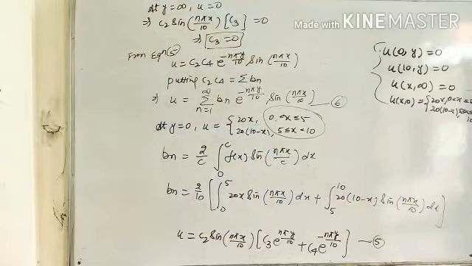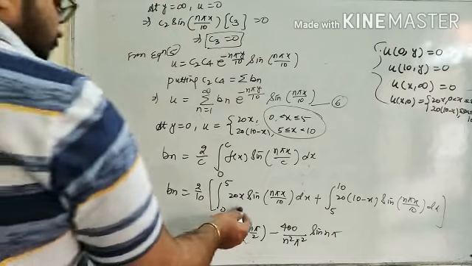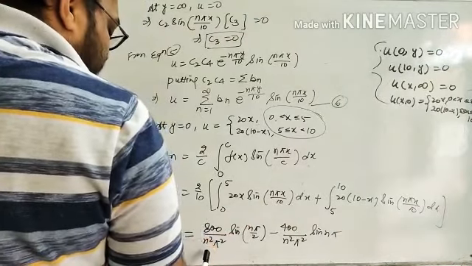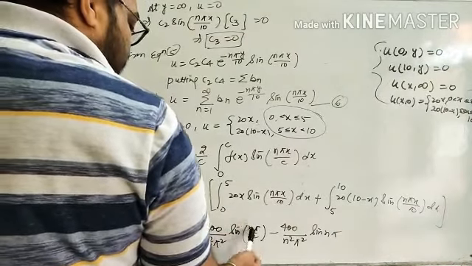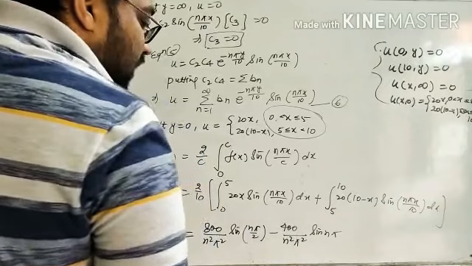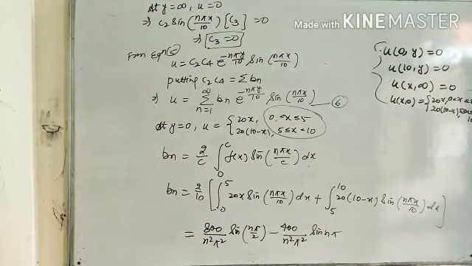So these are the product of two functions, so we can find the solution after applying ILATE. On solving, we get the solution 800 upon n square pi square sin n pi by 2 minus 400 upon n square pi square sin n pi.